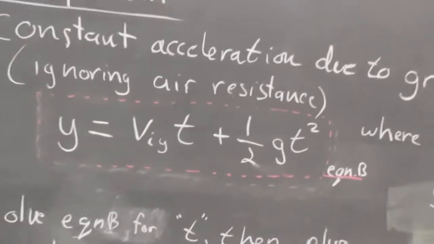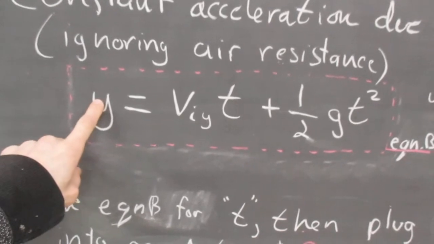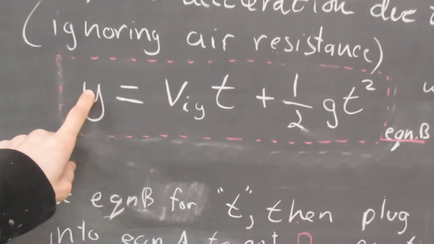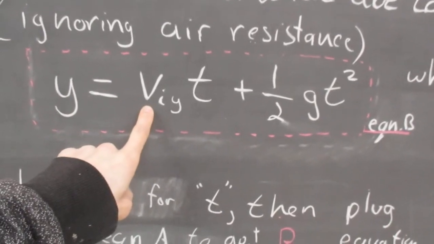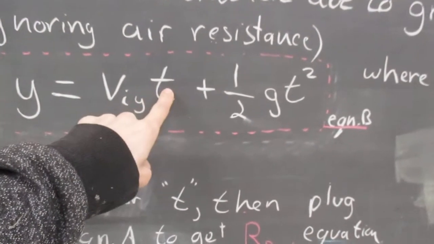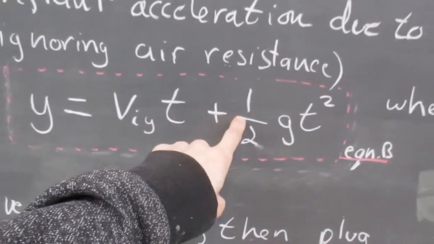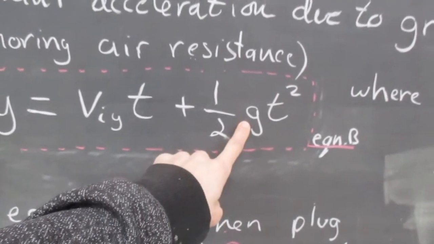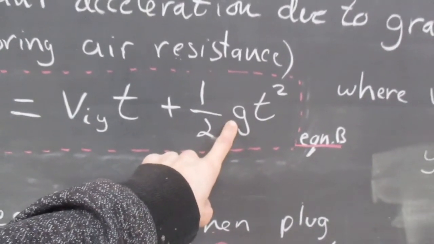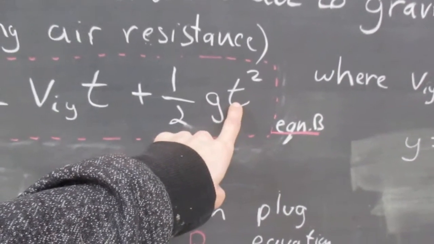So we're going to choose this equation, which says our height, the vertical distance that the ball moves, is equal to its initial vertical velocity times t, that's the same time we had up there, plus 1/2 g t squared, where g is the acceleration of gravity, 9.81 meters per second squared. And again, this is the same t, the time of flight.